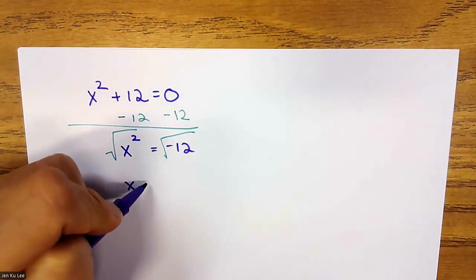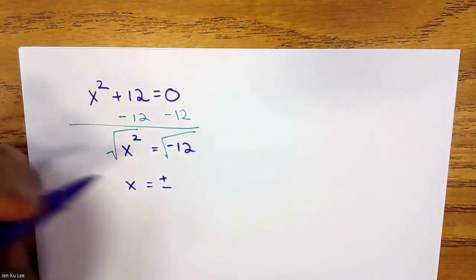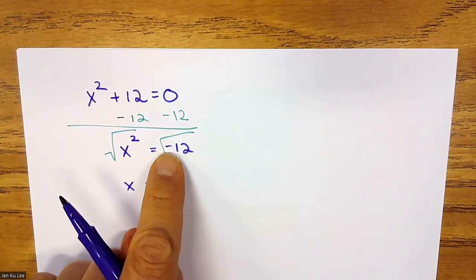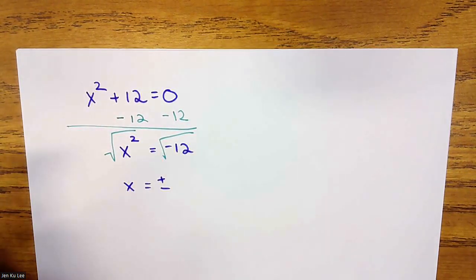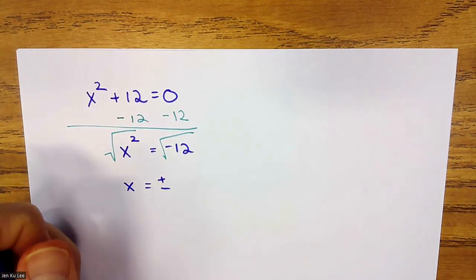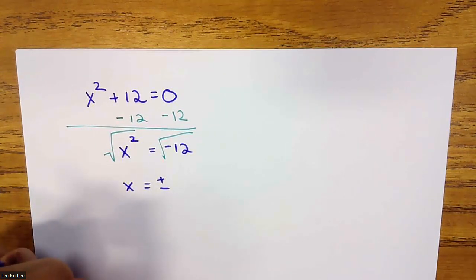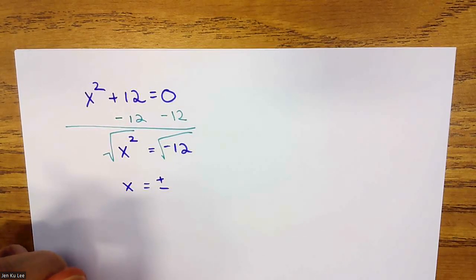So x is going to equal plus or minus. Whenever I see a negative in my square root, what am I going to do? How do I take it out? The square root of -1, right?